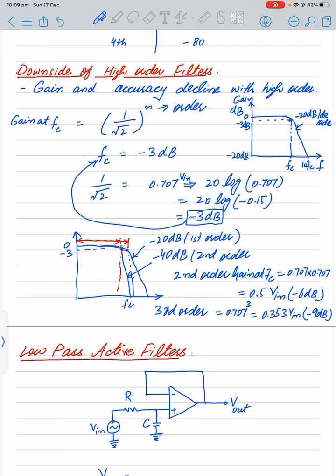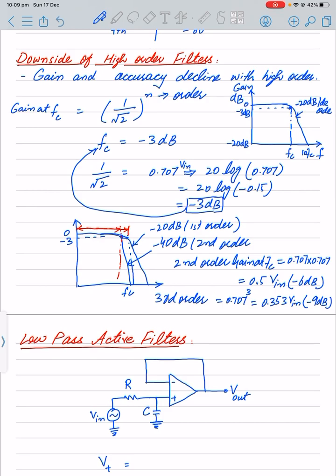But when we increase the order of our filter, for the second order we will be achieving a gain of 0.5 or half of our input voltage, or negative 6 dB, and for the third order filter it will be further reduced to 0.353 of the input voltage or negative 9 dB.